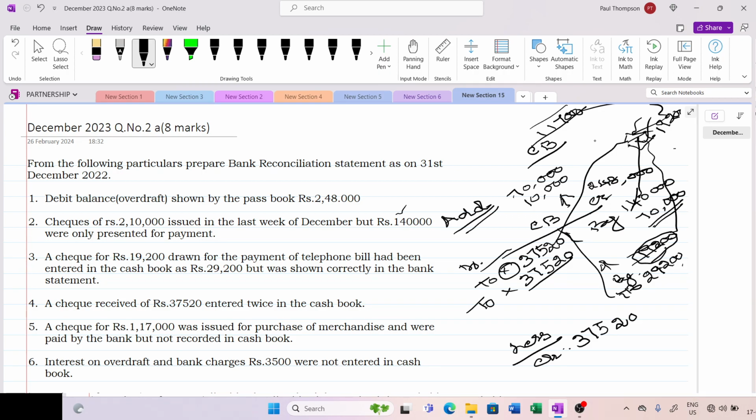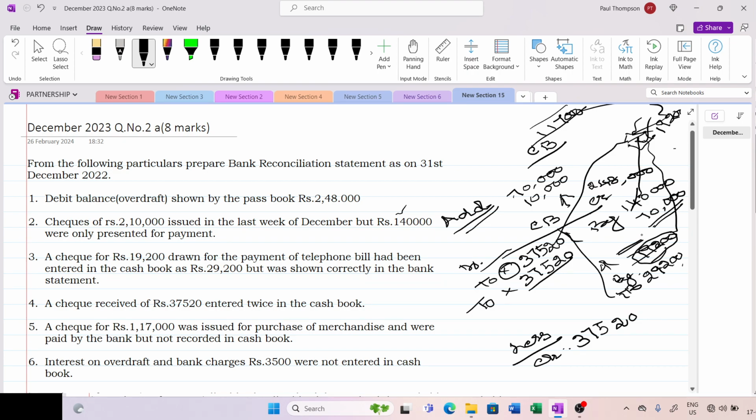So the bank has taken this check and made the payment to the merchant. But what happened? I forgot to write on the credit side. On this side I have to write 1,17,000 by the vendor name, whoever it is. Suppose by vendor account I should have written 1,17,000.